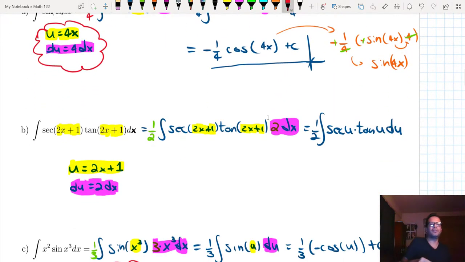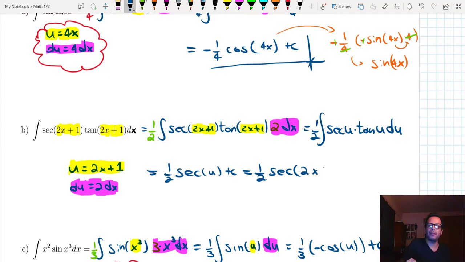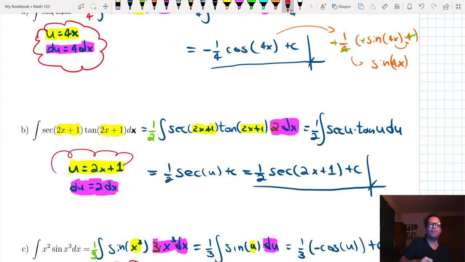So the integral of this will be 1/2 secant of u. But what's u? Don't forget the plus c. That's going to be 1/2 secant of 2x plus 1. Okay, and that is the final answer for this exercise.